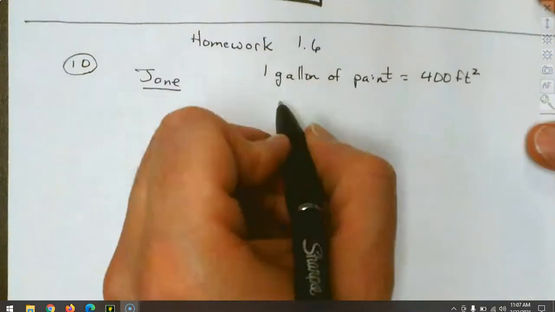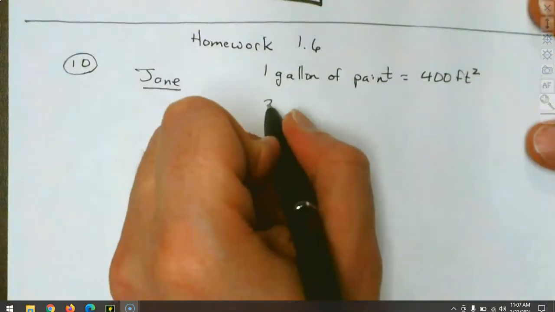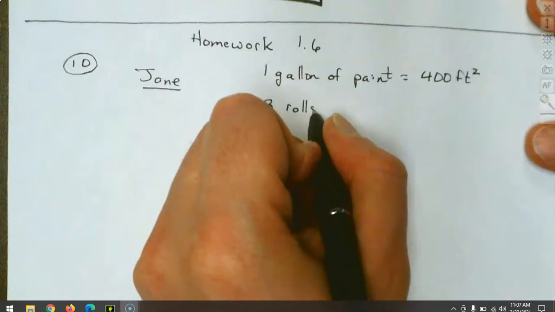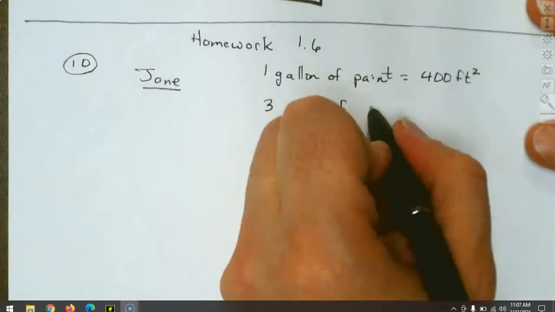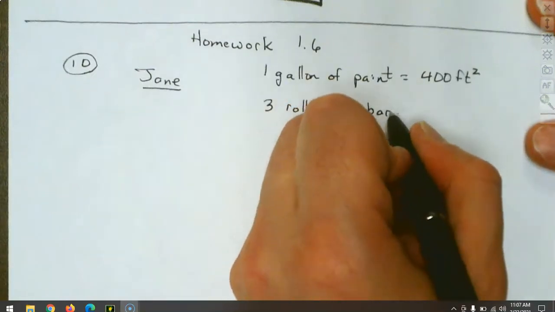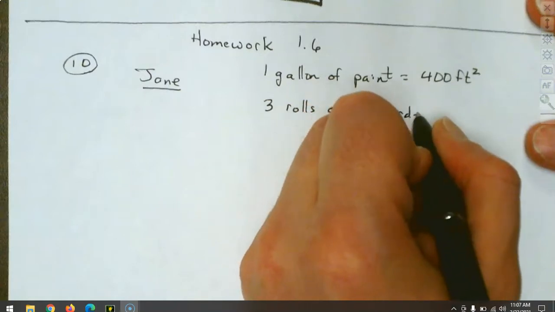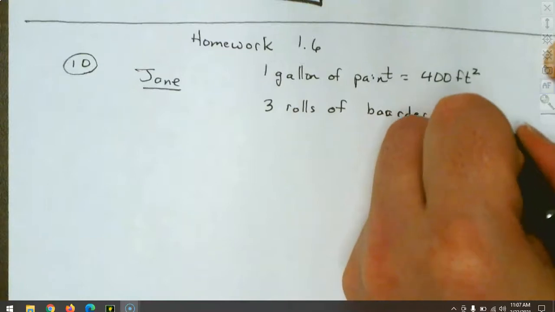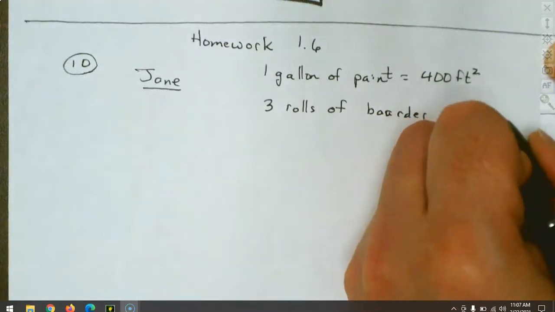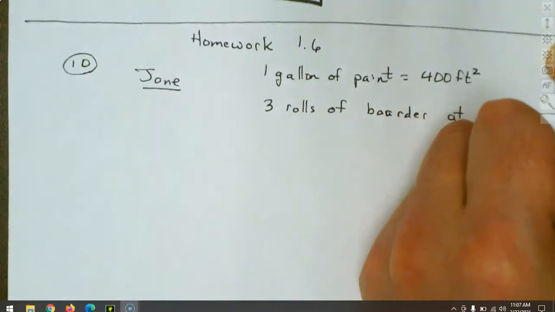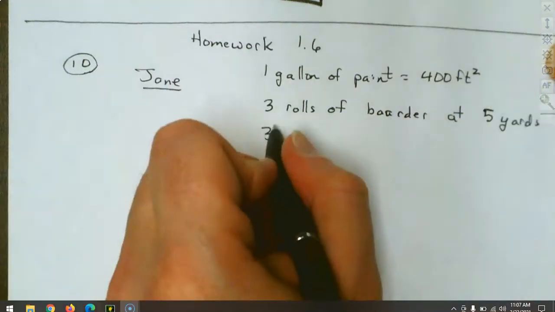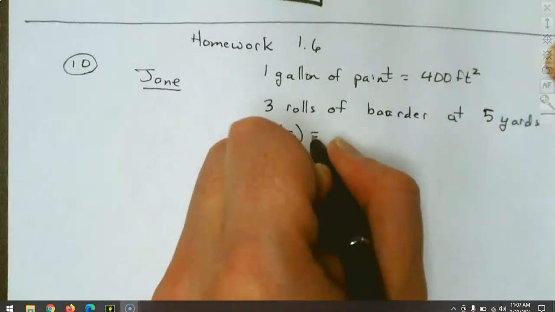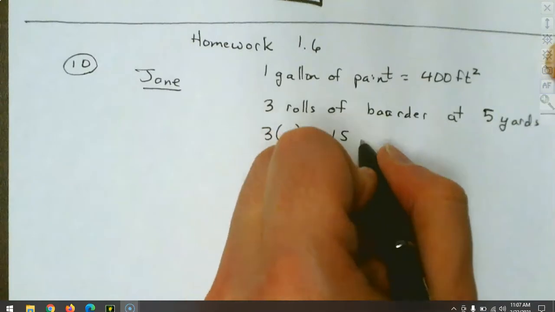Well, for the border, we have 3 rolls of border at 5 yards each. So that's 3 times that 5, which gives me 15 yards.